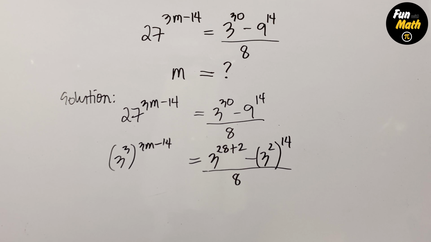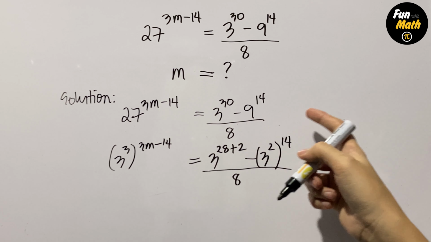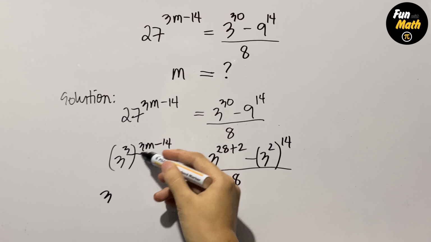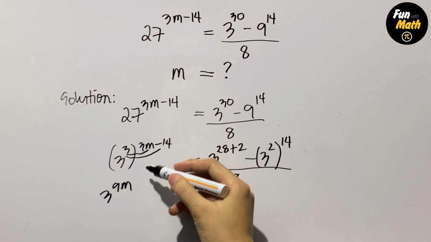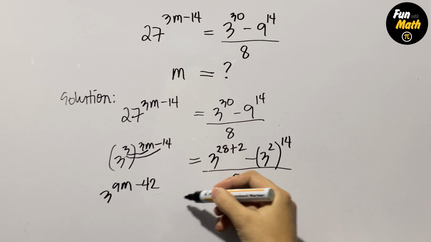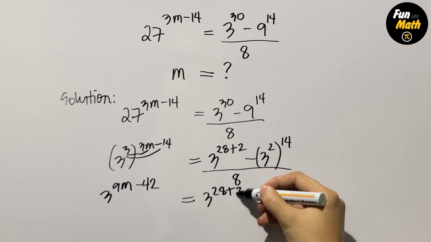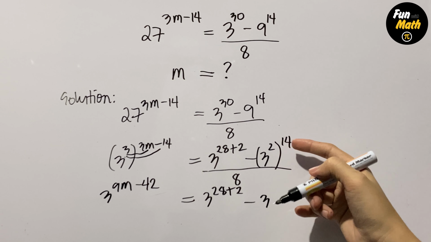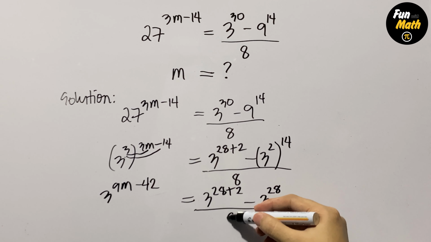And then next, by following the power rule, we are going to multiply the power and the power. So that is 3 to the power of 3 times 3m, that is 9m. 3 times negative 14, that is negative 42. Equals 3 to the power of 28 plus 2 minus 3 to the power of 2 times 14, that is 28, over 8.